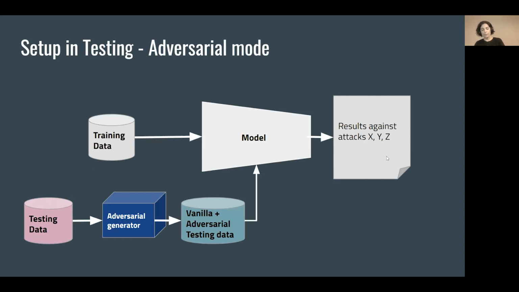Now, it's up for discussion whether it makes sense to use classical augmentations at testing time. Personally, I prefer to stay as close as possible to the real data that you're going to be using, where perhaps your augmentations could be adding some biases. But definitely for adversarial examples, for adversarial augmentations, so to speak, it does make sense to add them to your testing set, because it stands to reason that, well, it pays to be paranoid, right?